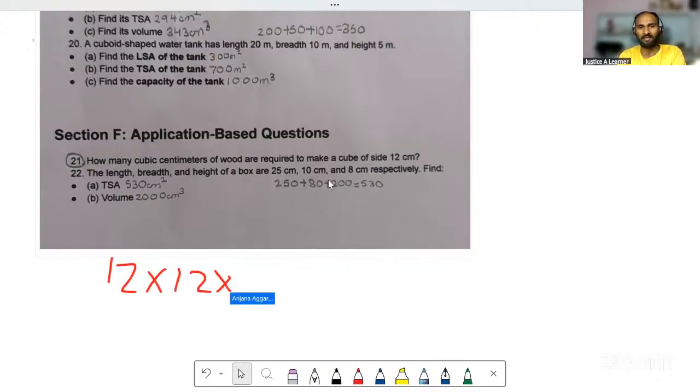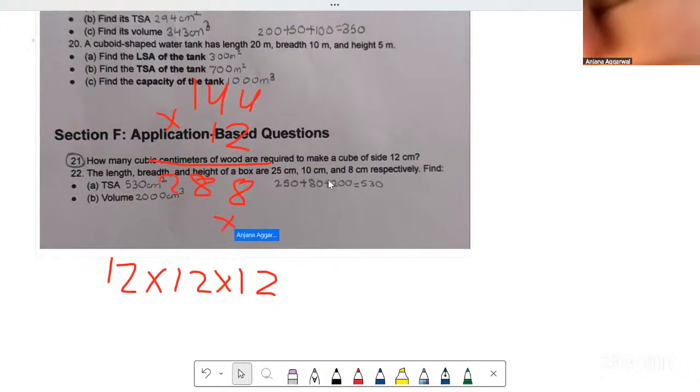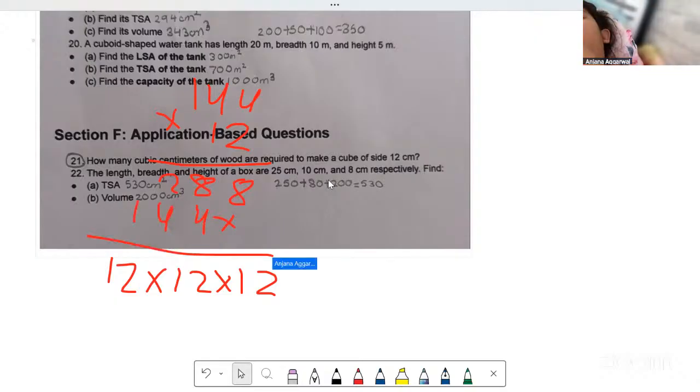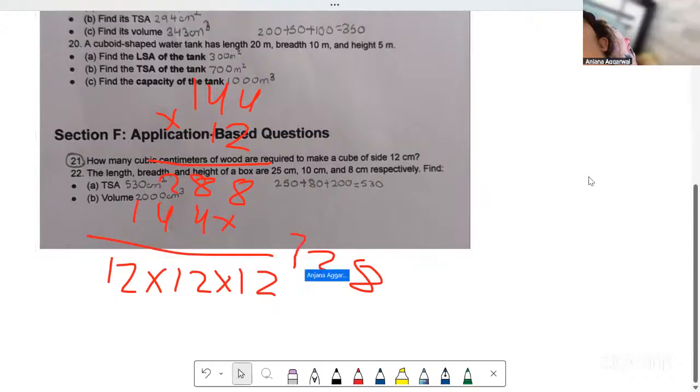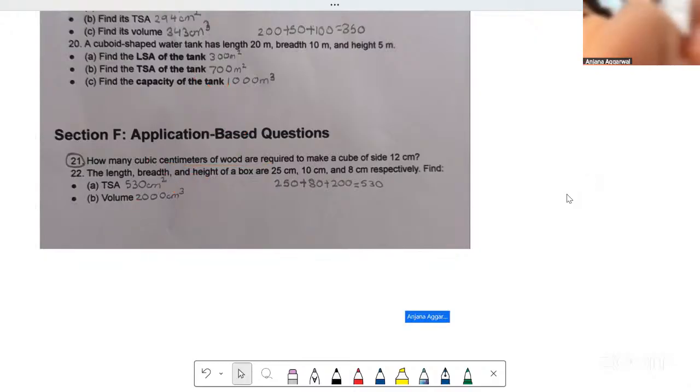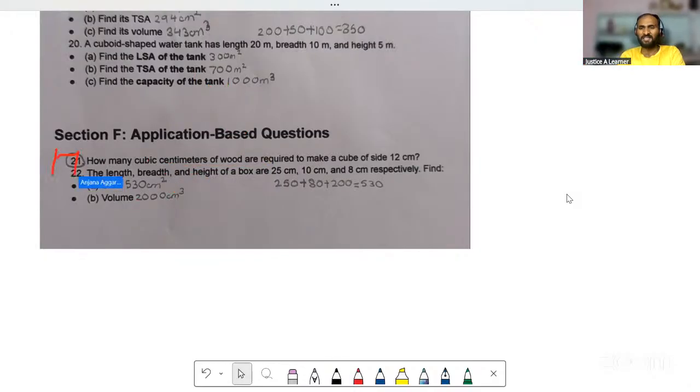So 12 three times, we'll be getting the cube of 12. Then that would be our answer. 1728. Yeah, right.